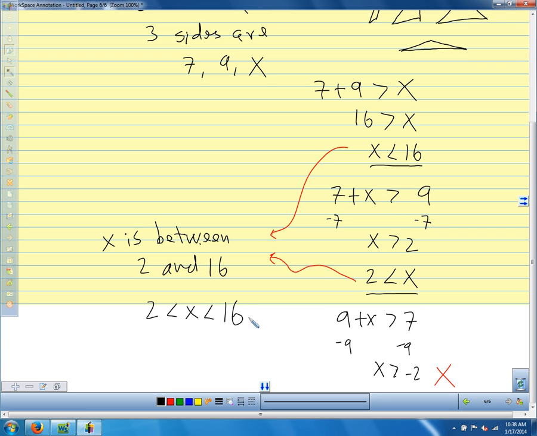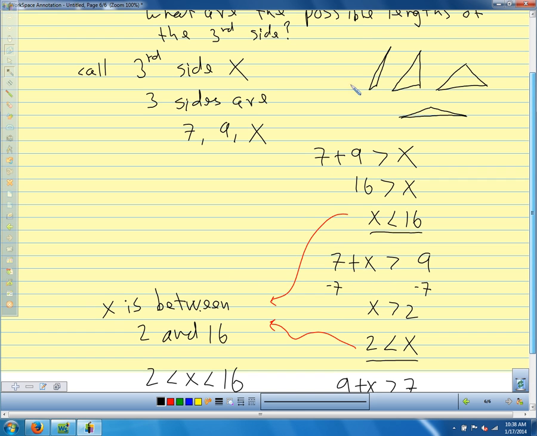That's how we would write it in symbols. So x has to be between 2 and 16. So the smallest side of my triangle is just a tiny bit larger than 2, and then we can connect those two sides. And then when I stretch it out and make it bigger and bigger and bigger, the side length can be just barely smaller than 16, and then we get a triangle. So that third side length can be between 2 and 16.